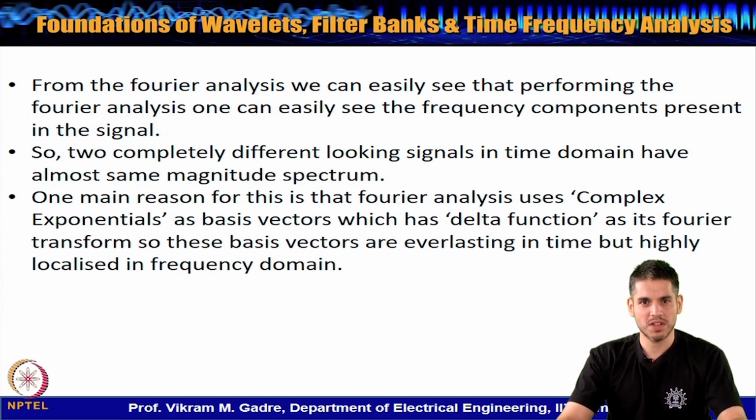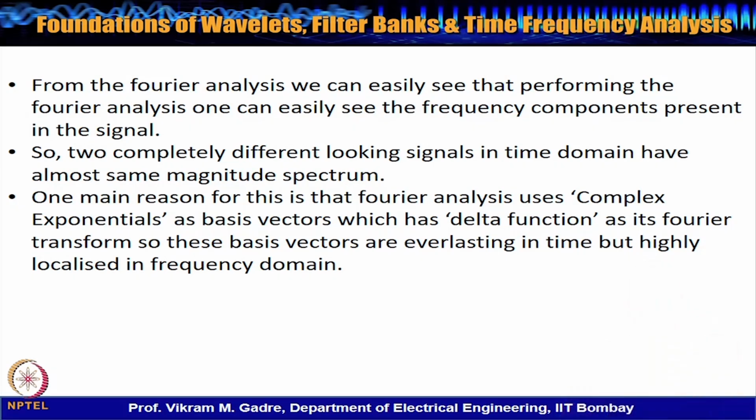But if we look at those waves in the frequency domain, we have 2 impulses for cosine and similarly 2 impulses for sine. This means that the frequency localization of sine and cosine waves is better as compared to their time localization. This is primarily the reason why Fourier analysis tells you the precise frequency components but is not able to bring to light the precise occurrence of these frequency components.